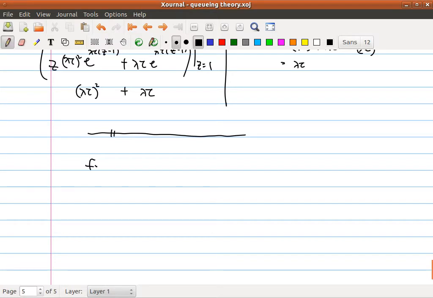It's just an exponential distribution, lambda e to the minus lambda t, and this is the inter-arrival time.